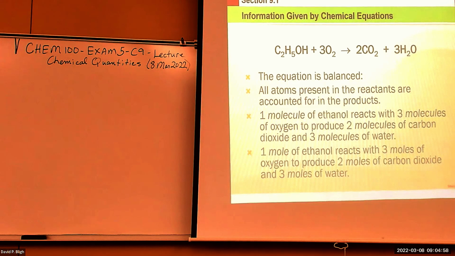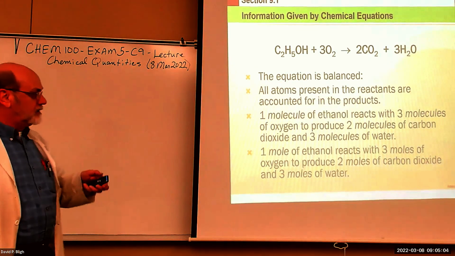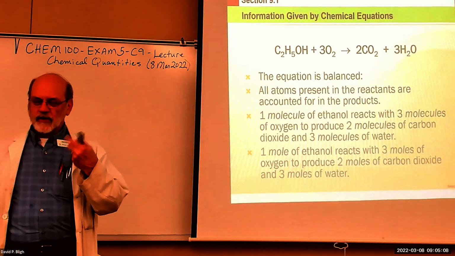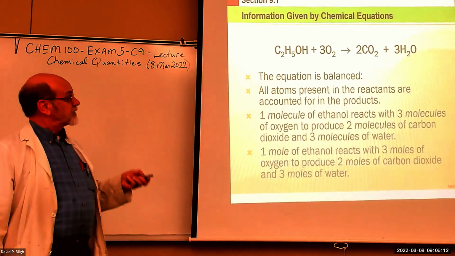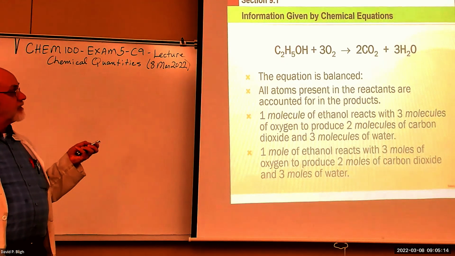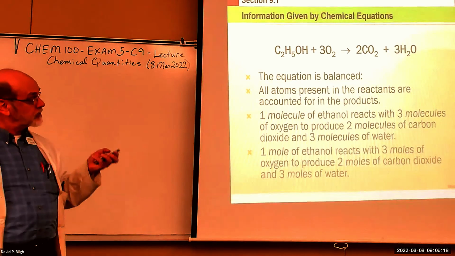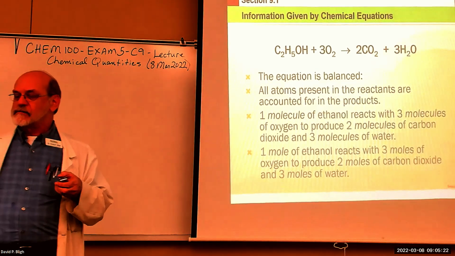I think that's what we did. Yes, we did. I need to refresh my memory. So 1 mole is 6.022 times 10 to the 23rd things. So 1 mole of ethanol reacts with 3 moles of diatomic oxygen to produce 2 moles of carbon dioxide and 3 moles of water.